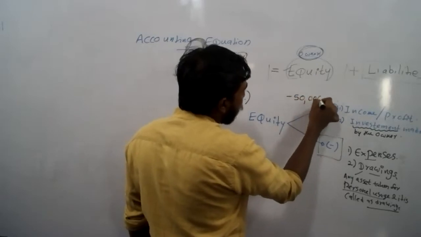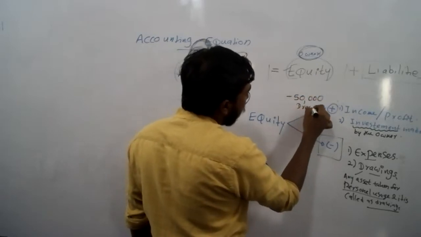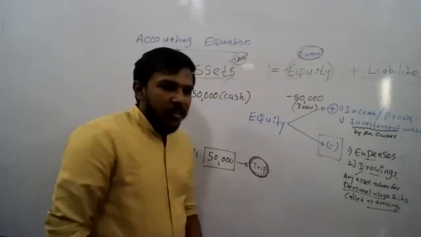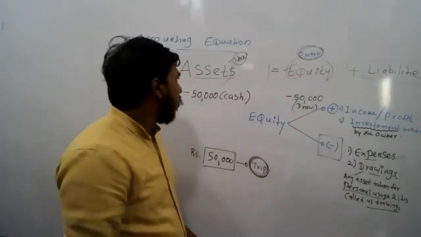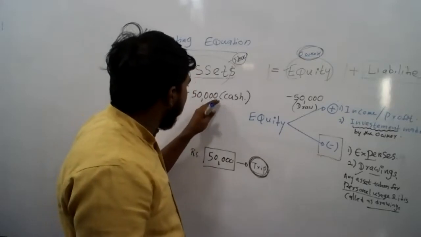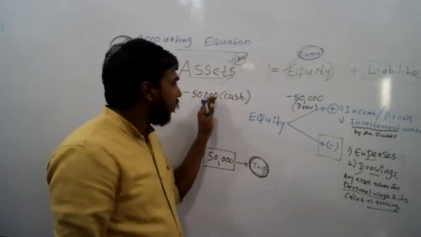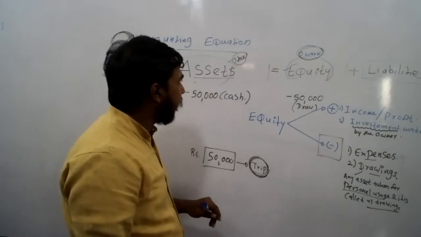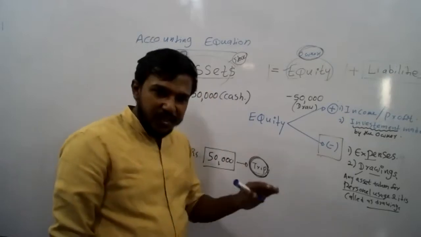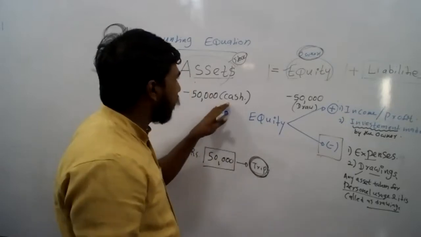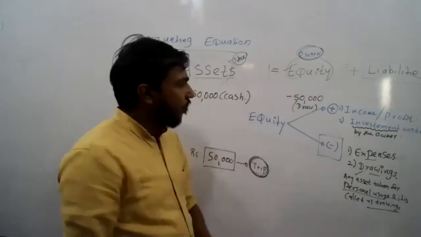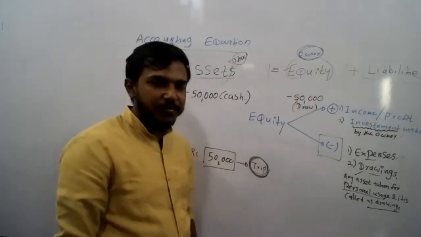Clear? Because it's asset decrease, cash would be decreased by 50,000. Then equity would be decreased by 50,000.